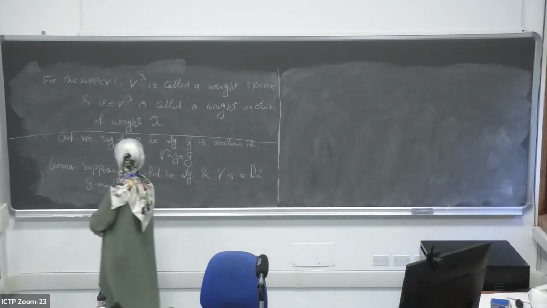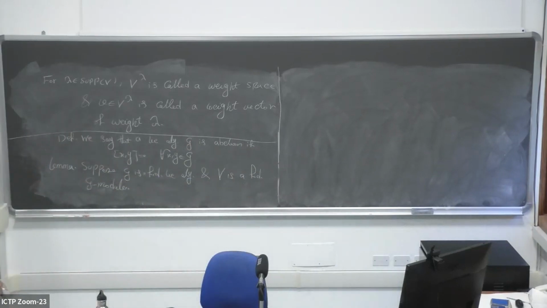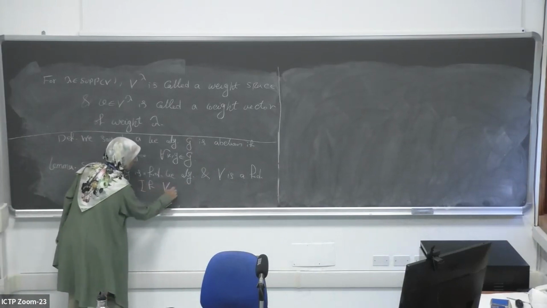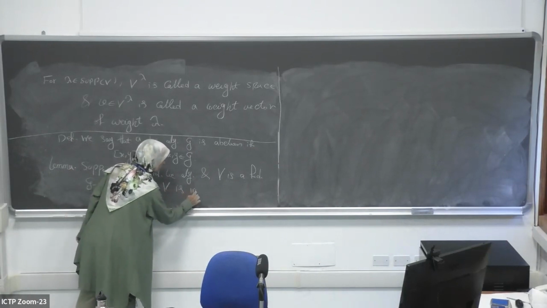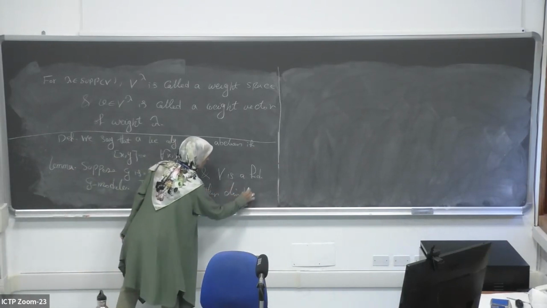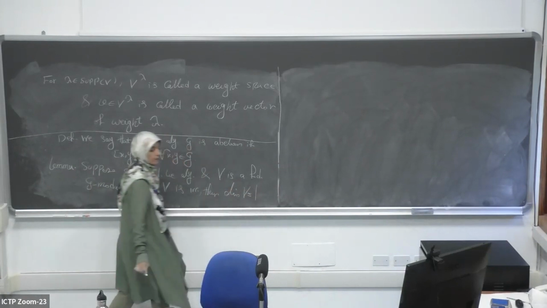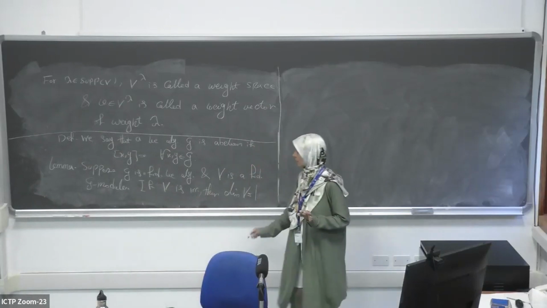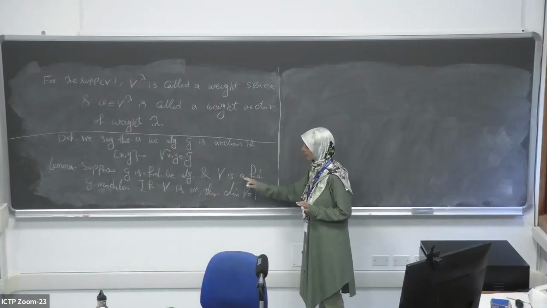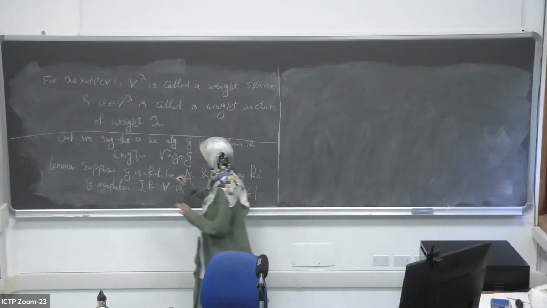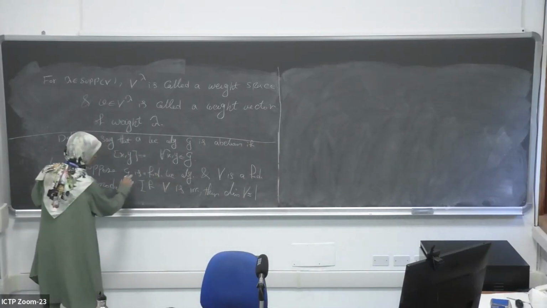Okay. If V is irreducible, then the dimension of V is 1. Okay? Irreducible finite dimensional module over G abelian. I forgot to write abelian here.